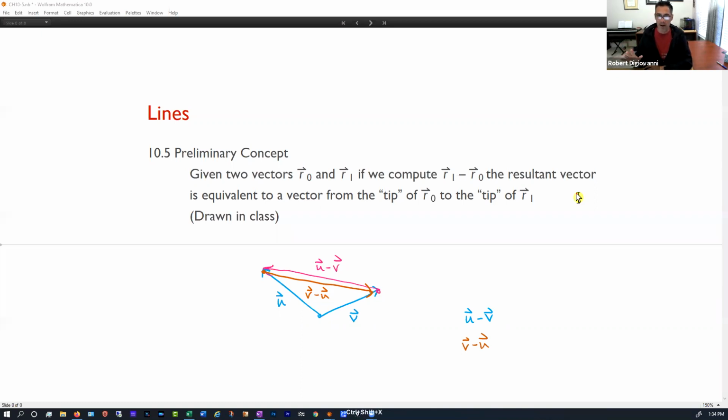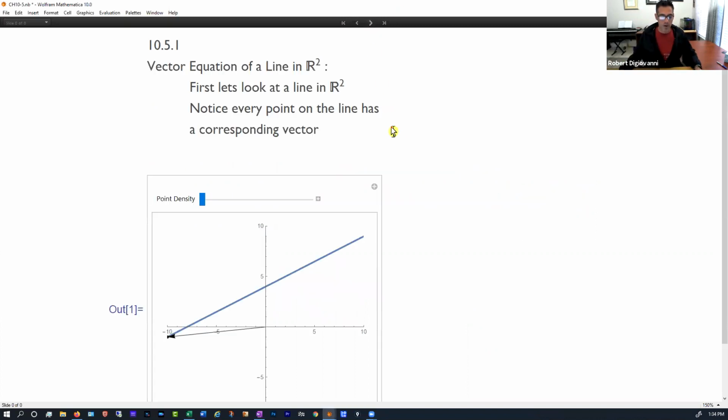All right, here we go. Now, that was preliminary. Let's now get to, can I erase yet, or you want me to wait for a second? Okay. All right, here we go. So if we're trying to come up with the vector equation of a line in two-dimensional space, so not y equals mx plus b, if we're trying to come up with a new way of drawing lines using vectors, then here's what we could kind of imagine it would be.